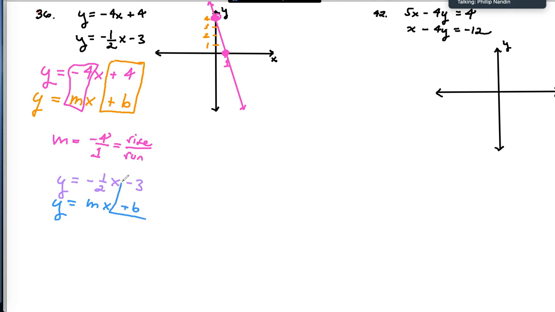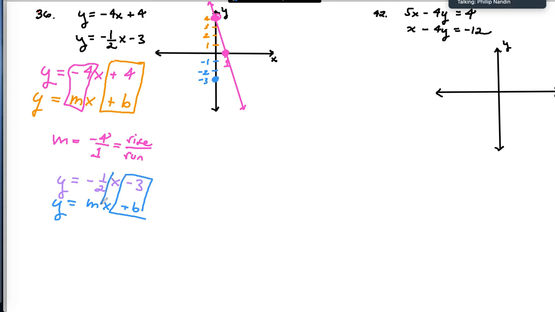This time I have a b value of negative 3. So on the same pair of axes, on the same graph essentially, I go to negative 3 and mark off this point. That's my first point, my b, my y-intercept.